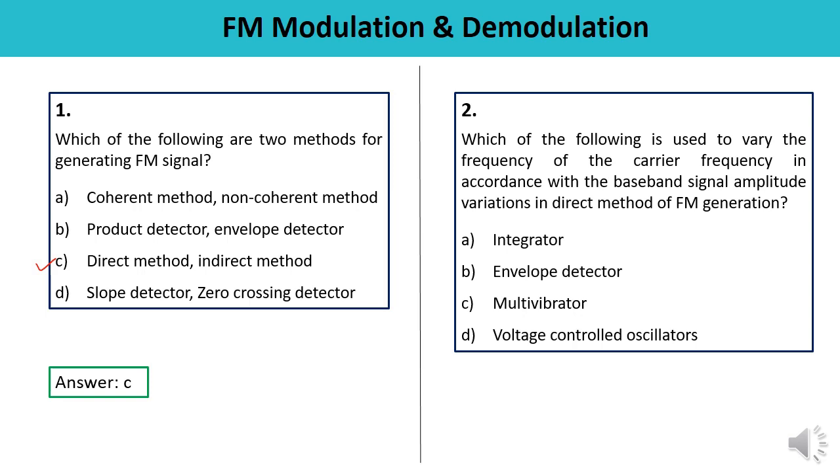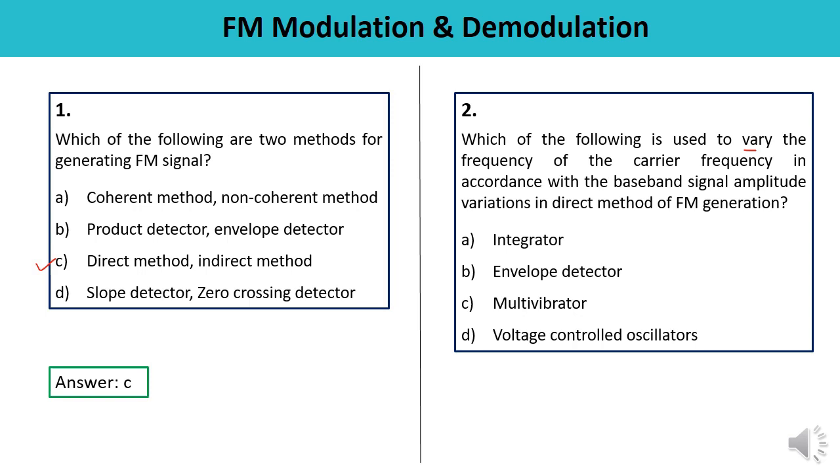Question number 2 is, which of the following is used to vary the frequency of carrier frequency in accordance with the baseband signal amplitude variations in case of direct method of FM generation? Read out all the options carefully. Integrator, envelope detector, multivibrator or voltage control oscillator.